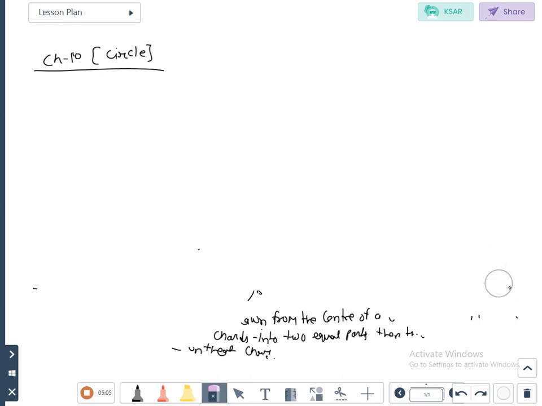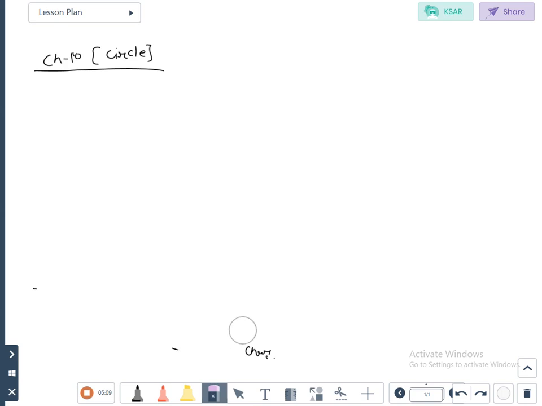Points which lie on the same line are known as collinear points, and points which do not lie on the same line are known as non-collinear points.